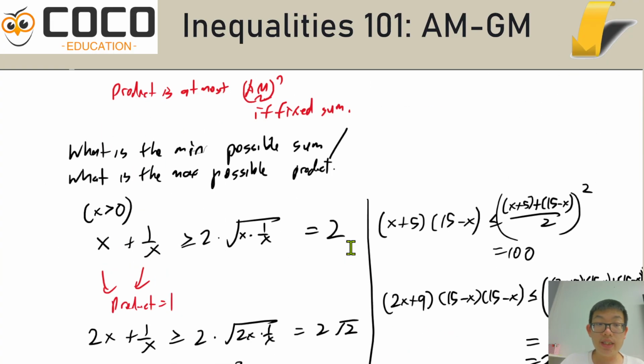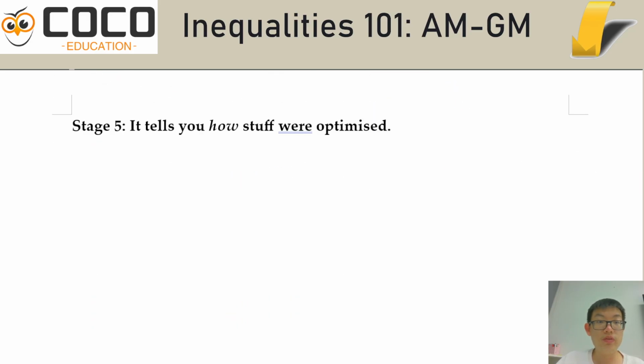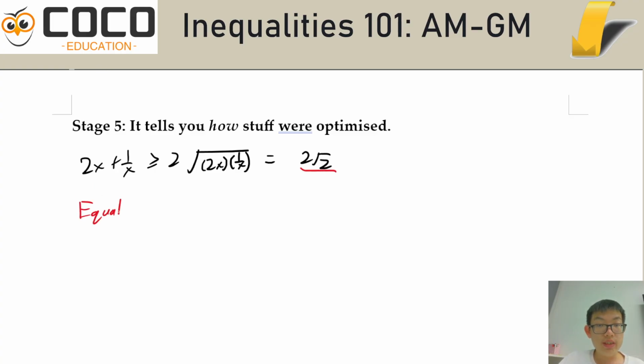Now, when I said that 2x plus 1 over x is greater than or equal to 2 square root 2, when is it equal to 2 square root 2? Your equality case is when 2x equals 1 over x, which means x squared is half, x is 1 over root 2. That's where the minimum occurs.